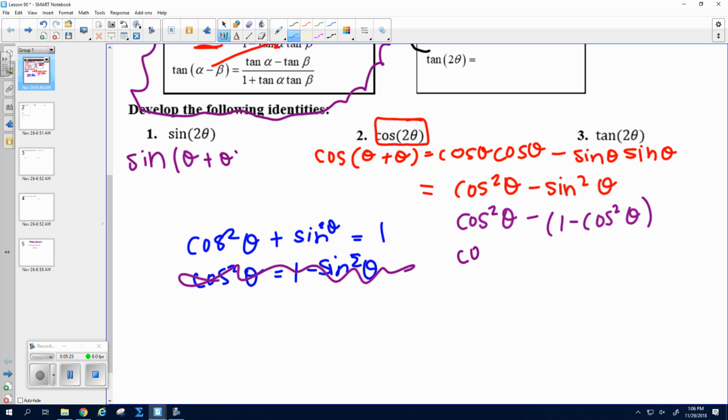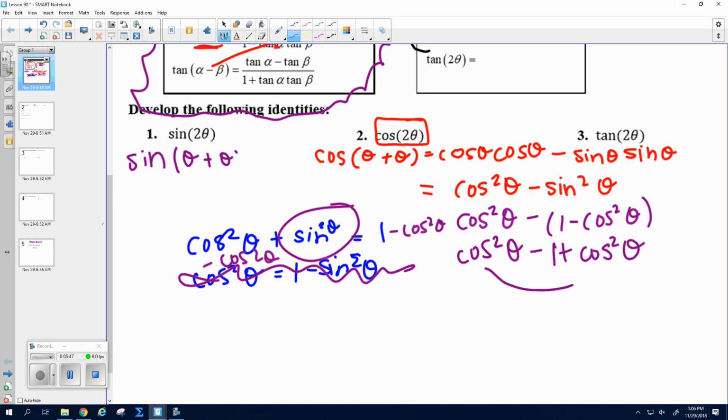And distribute your negative sign. I'm solving for sine. I'm keeping the sign, and so I'm minusing cosine squared theta. Right, so distribute the negative sign, and then I can add these together right here. And I have 2 cosine squared theta minus 1.